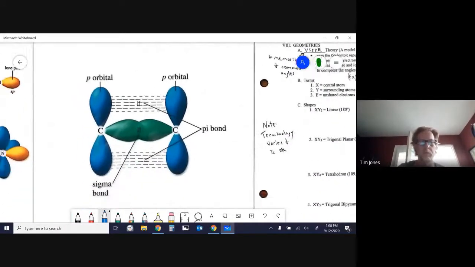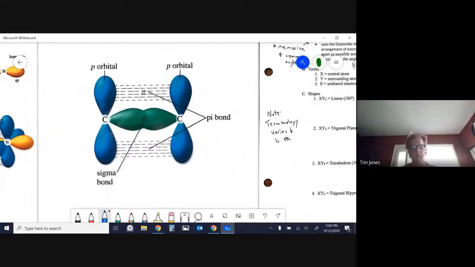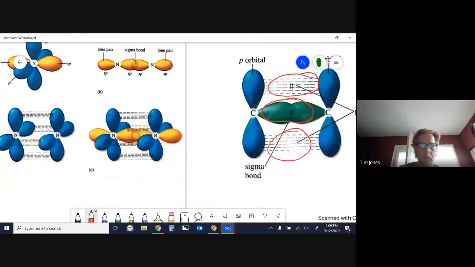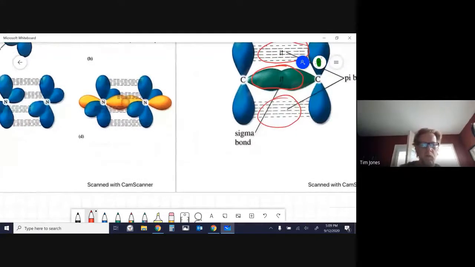This picture shows the sigma bond in the middle between two carbon atoms. So here's the sigma space. And then it shows a pi bond, part of the space being used up here and part of it being used down here. If we go to a triple bond, we have this scenario here, in which here's the sigma between these two nitrogen atoms.